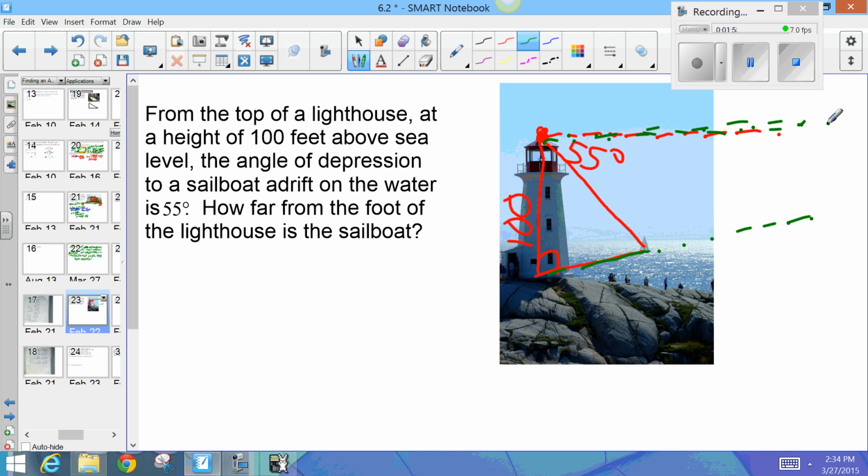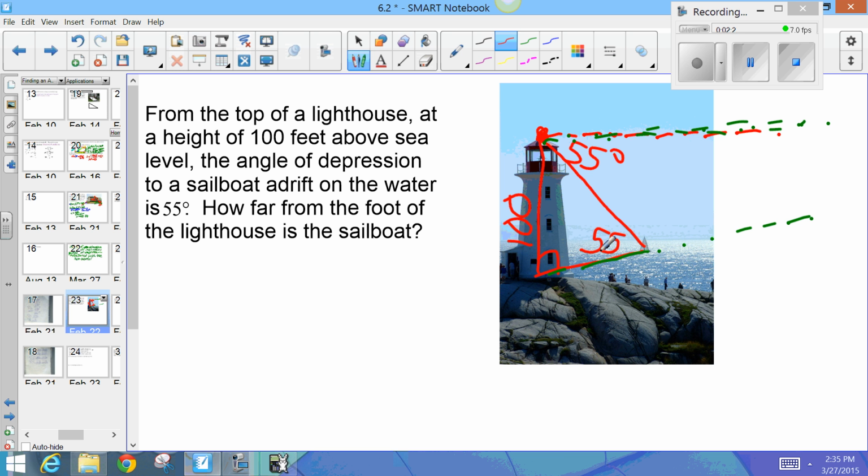Parallel lines cut by a transversal, alternate interior angles are congruent, so this is also 55 degrees. The reason I did that was I wanted to make sure the angle I was given was an angle interior to the right triangle.